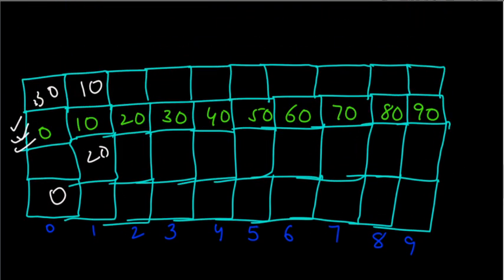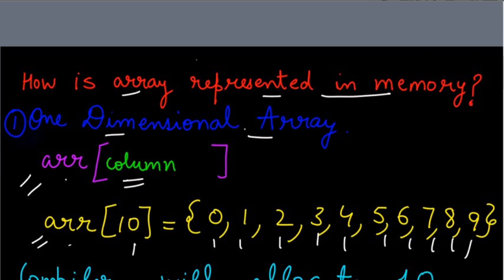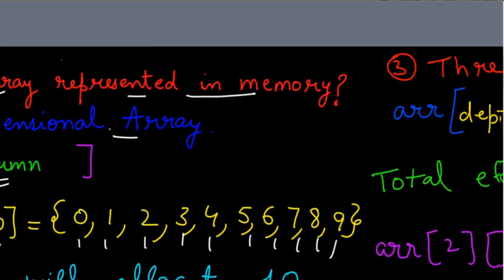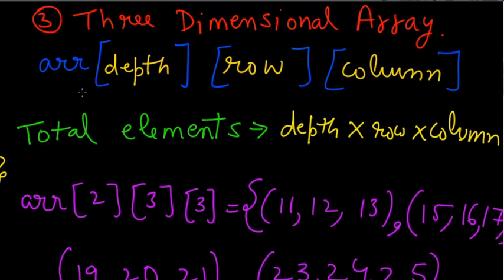Okay, now coming to the three-dimensional array. So what is a three-dimensional array? In a three-dimensional array, the elements are always represented with three subscripts. Okay, we have depth, row and column. So the total elements will be depth into row into column.